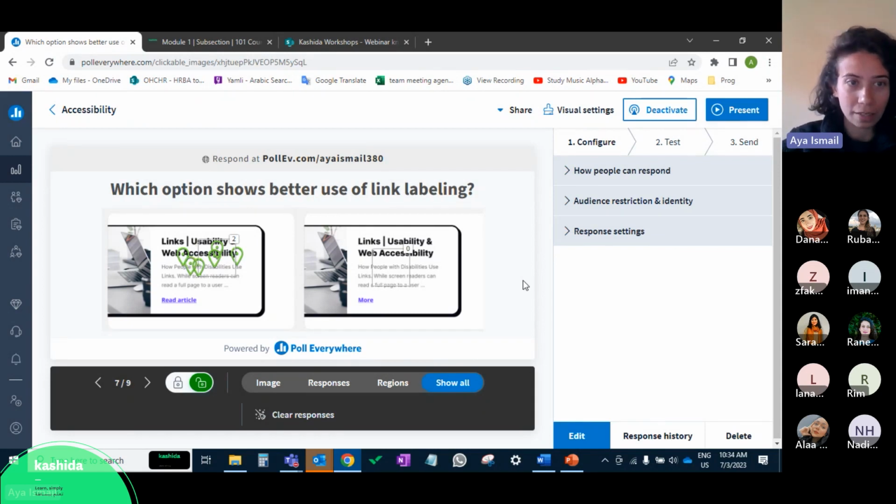And that's correct, because when you say read article, it's very clear that this link will allow us to read an article, versus the more vague label, for someone who maybe cannot see it and is hearing it. By hearing just more, they are not sure what they're gonna do by following this link. More of what? So read article is much more descriptive. Next.